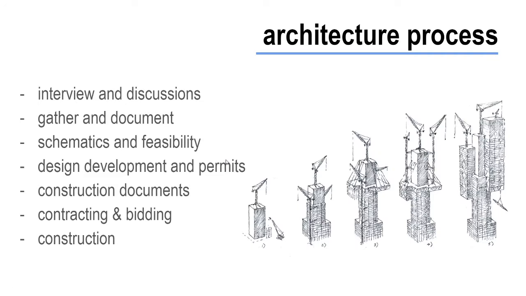So the process of kind of designing and drawing is first to meet with the client and really kind of get what exactly is it that you want this building to accomplish, and what are some of the values that you hold near and dear for it.